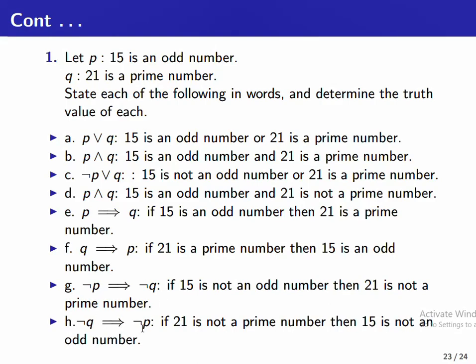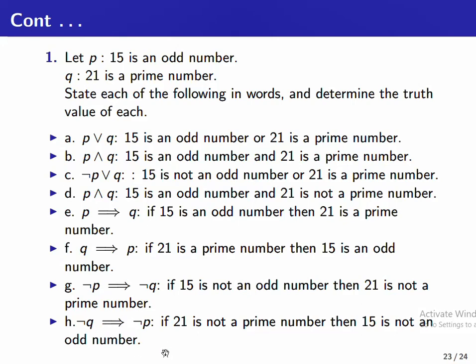Negation Q implies negation P can be written as: if 21 is not a prime number, then 15 is not an odd number.